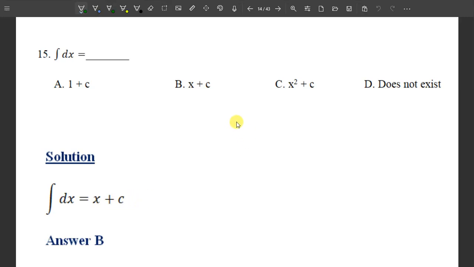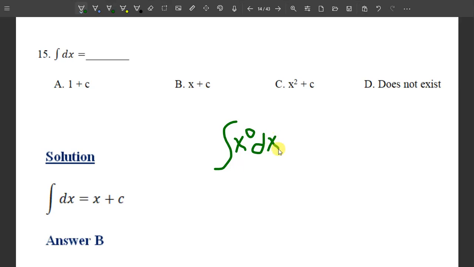Why is that? Because here we can write x to the power of 0. Since x to the power of 0 is 1, then 1 can be written as x to the power of 0, and then here we have dx.